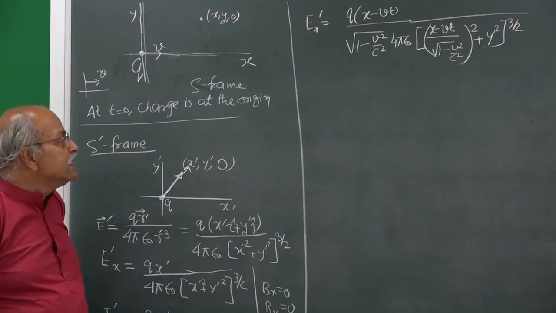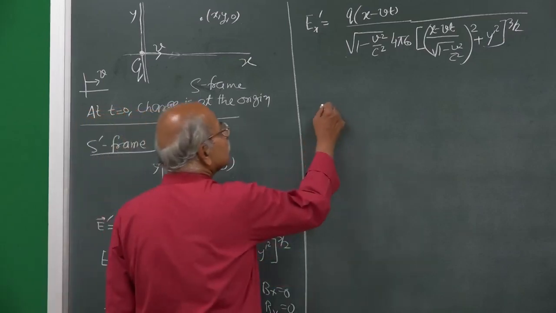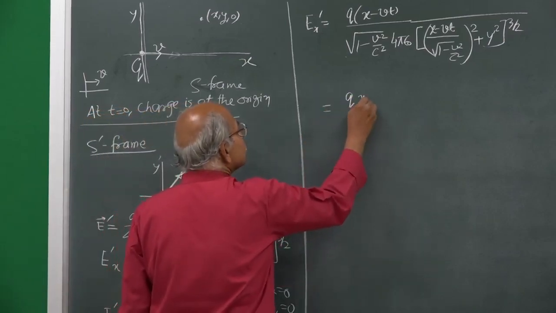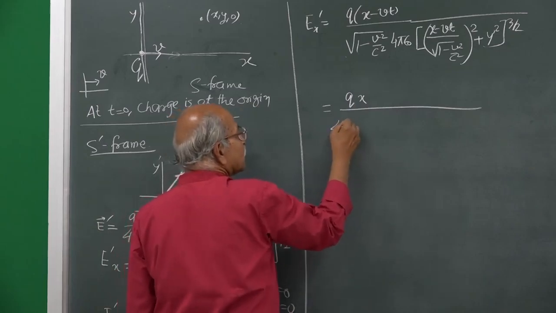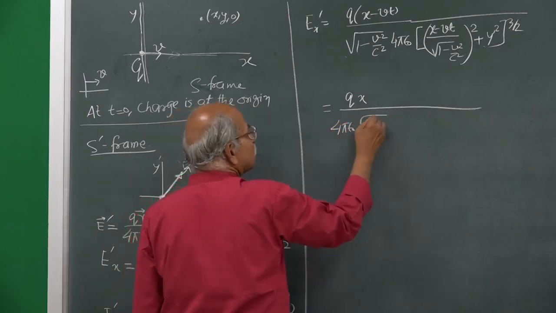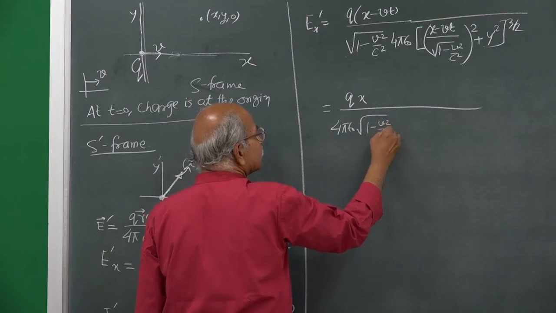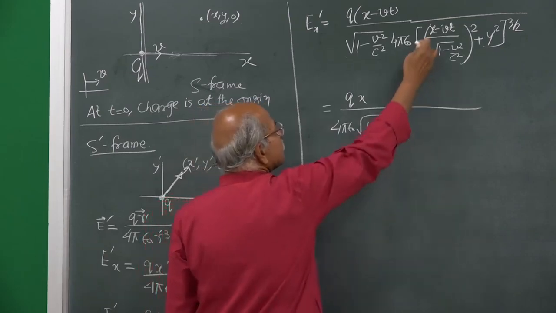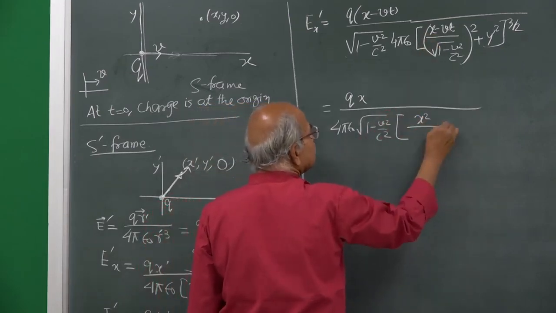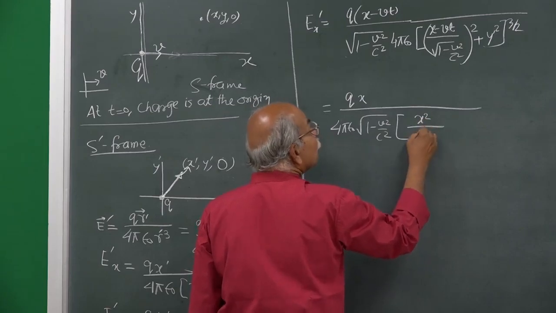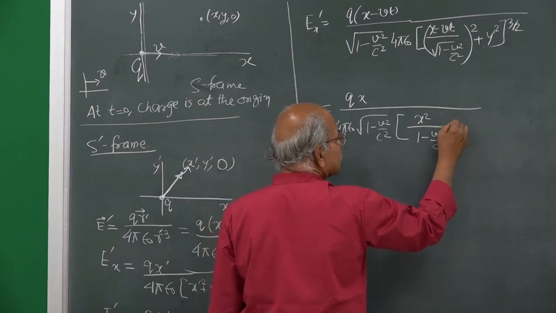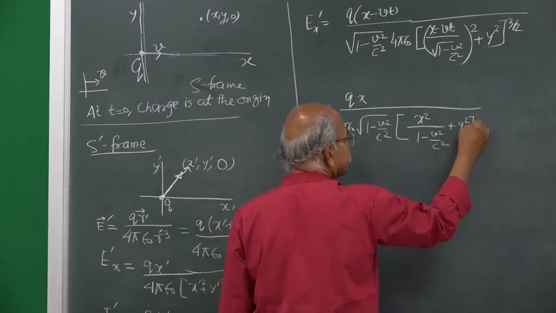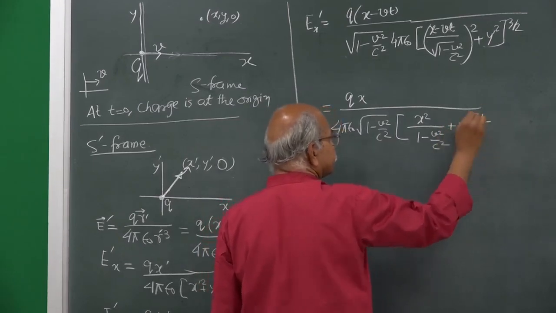And since t is 0, you can write this as q into x divided by 4 pi epsilon naught square root of 1 minus V square by C square, and here it is x square divided by 1 minus V square by C square and plus y square to the power 3 by 2.